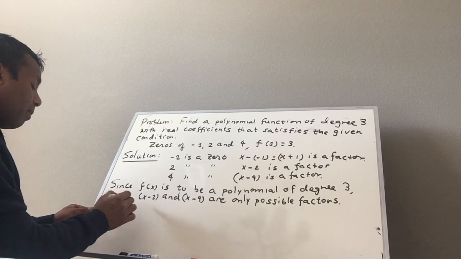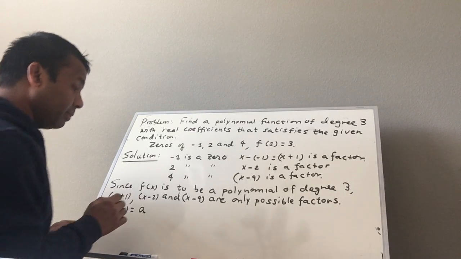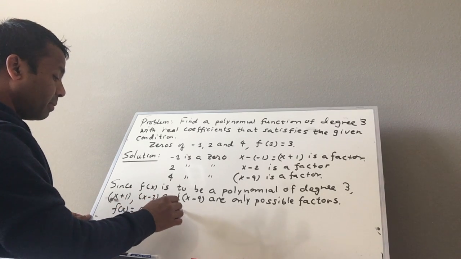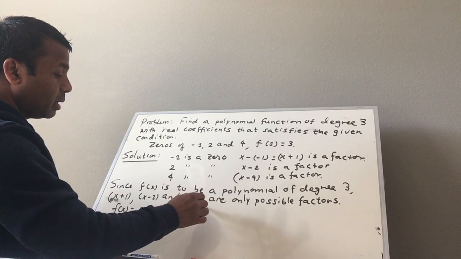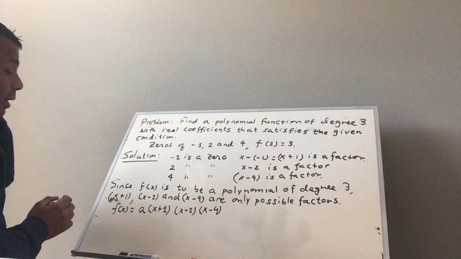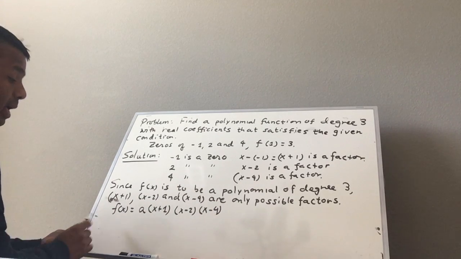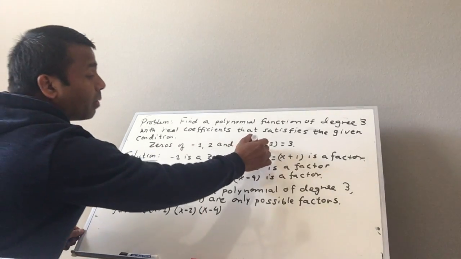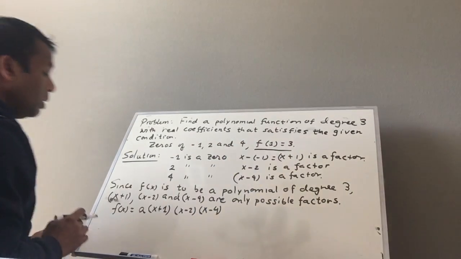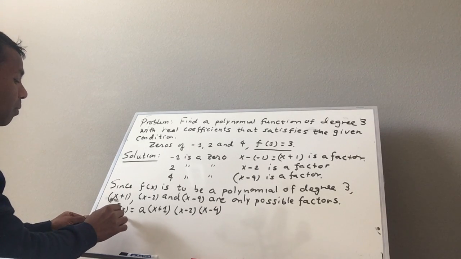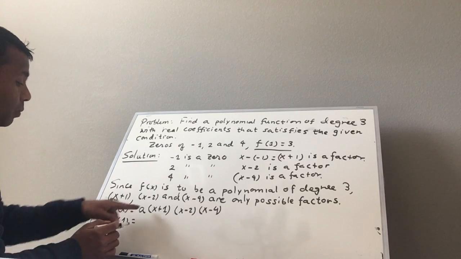So now f(x) should be in the form of a times x plus 1 times x minus 2 times x minus 4, right? Now you need to find the value of a. From this information you can find the value of a. What is given there? f of 1. So you plug in 1 here.